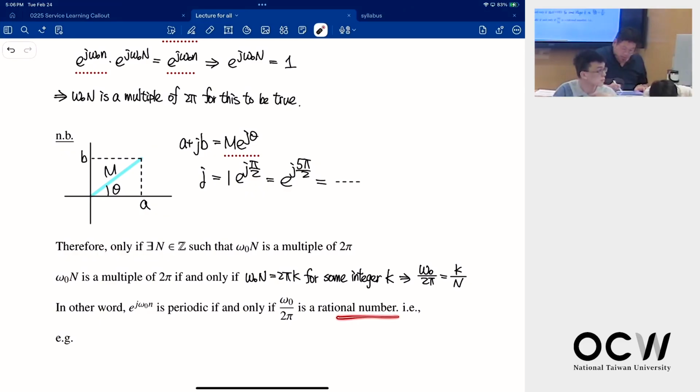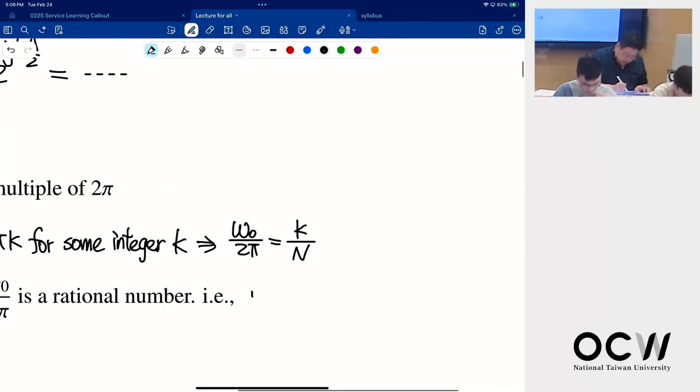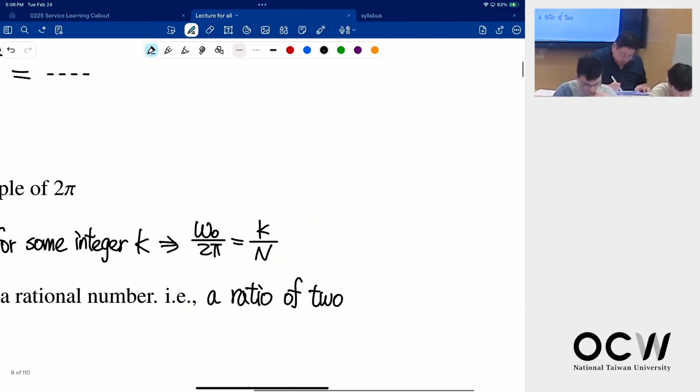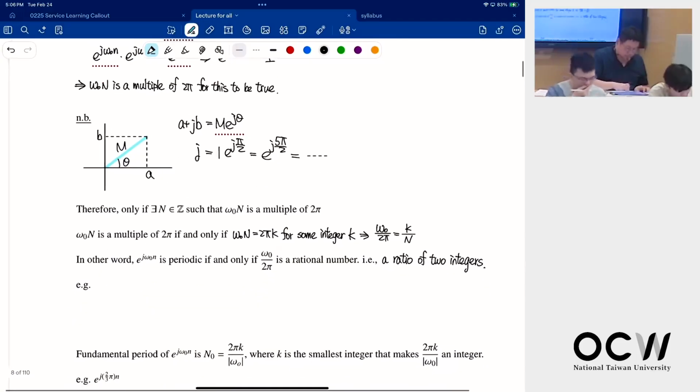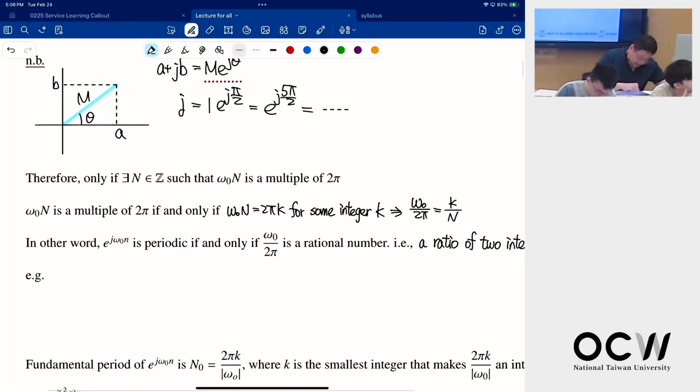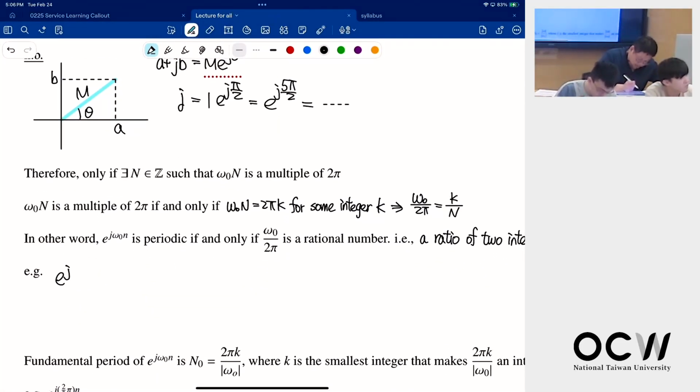The rational number means a ratio of two integers. Therefore, e to the jn is not periodic.